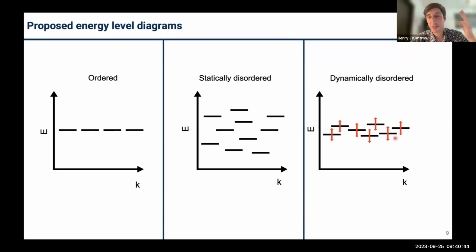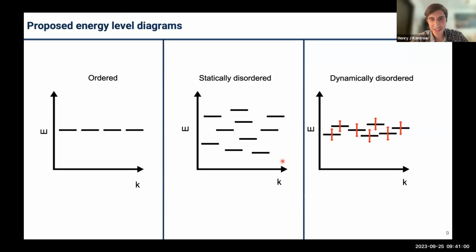And what I showed you in the case of PBTTT was quite convincing that here we have a lower degree of static disorder, as well as some comparable magnitude of dynamic disorder, which is dynamically influencing this energy level distribution.